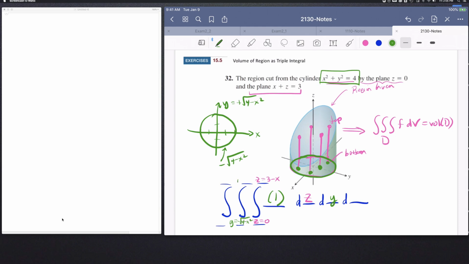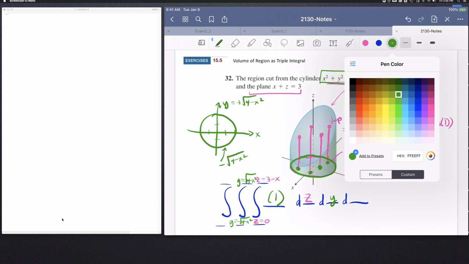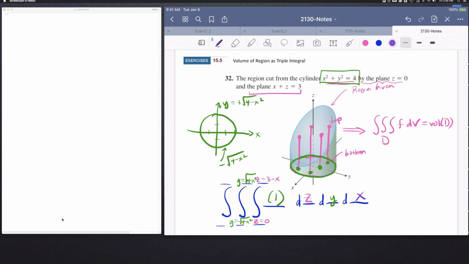They're just a description of the circle. And for x, because we're integrating over the whole circular region, x is going to go from negative 2 to positive 2.